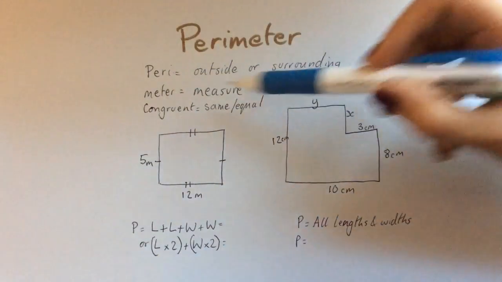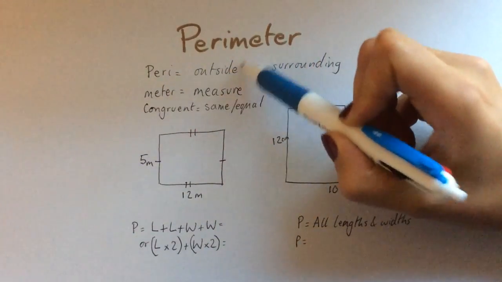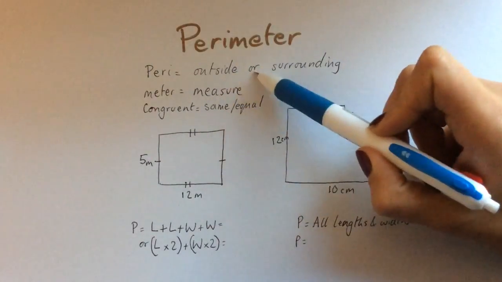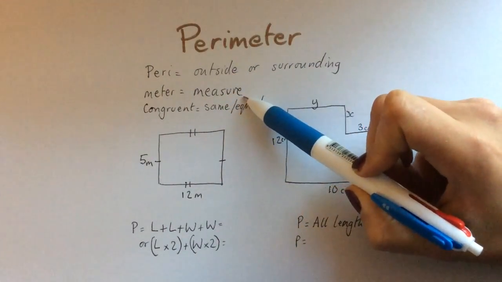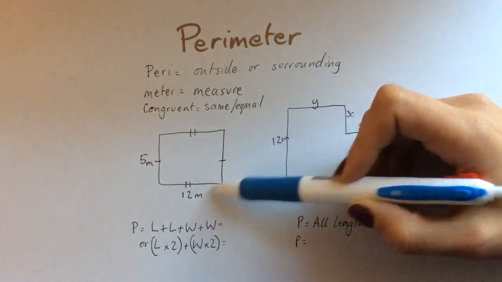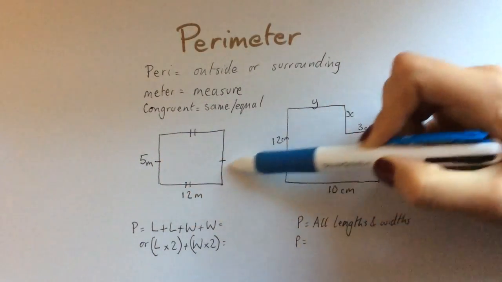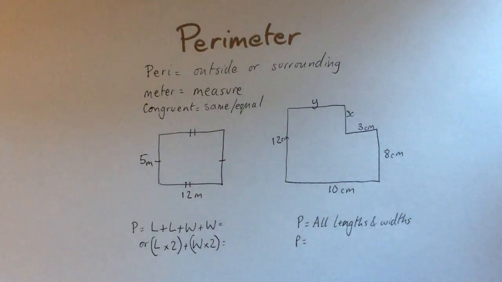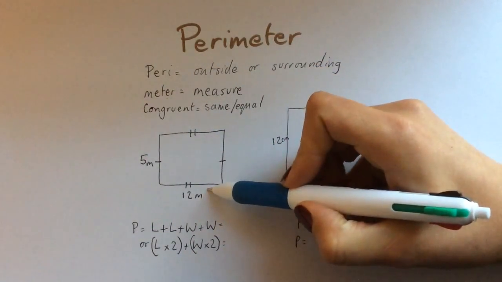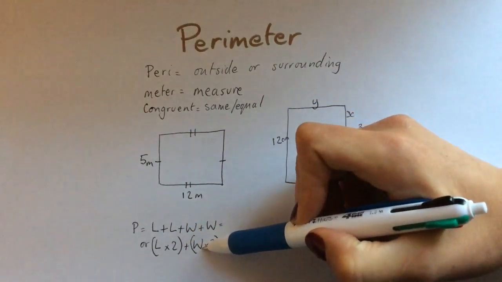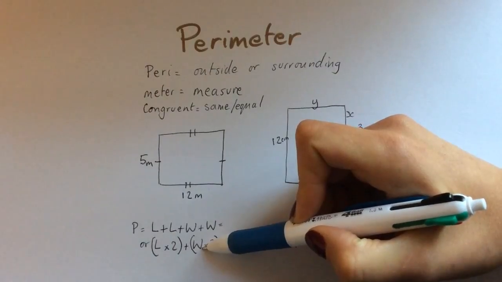And you can find out what perimeter means by putting these two definitions together: the outside or the surrounding measurement of any particular shape at all. So it is the outside measurement. To find the outside measurement of this shape, we can use these two formulas, which are essentially exactly the same.